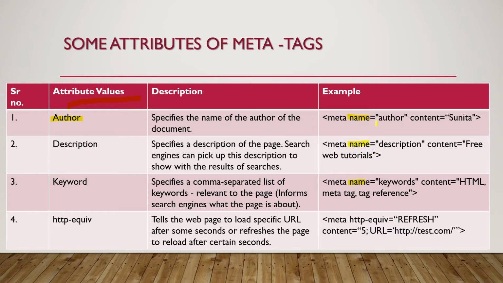Now here I have written author, and in content we have to give the relevant information. So with the content I have written my own name. You can write your own name, as you are going to be the author of your own page. Next one is description. Here the description gives the description about the web page.